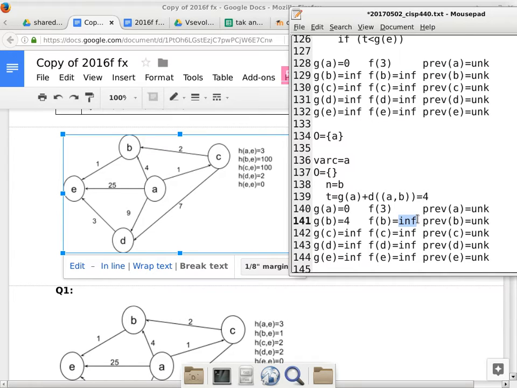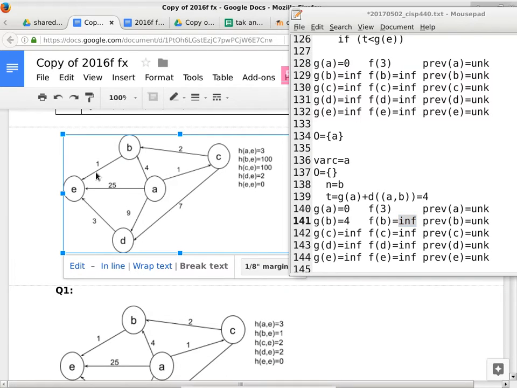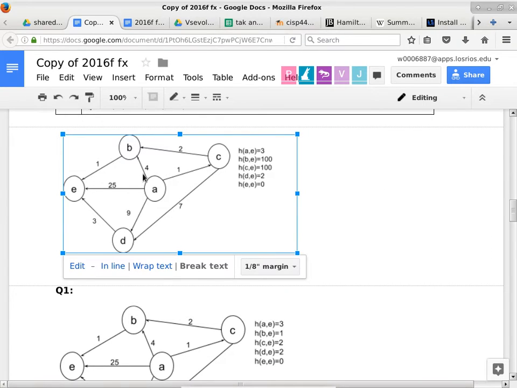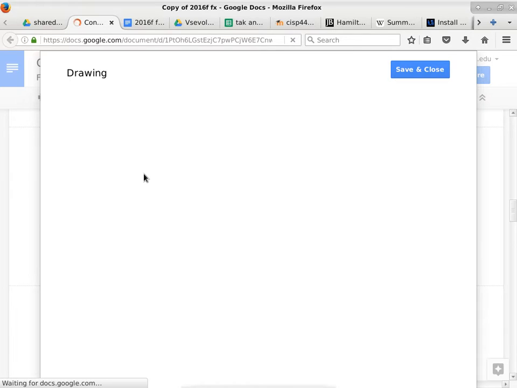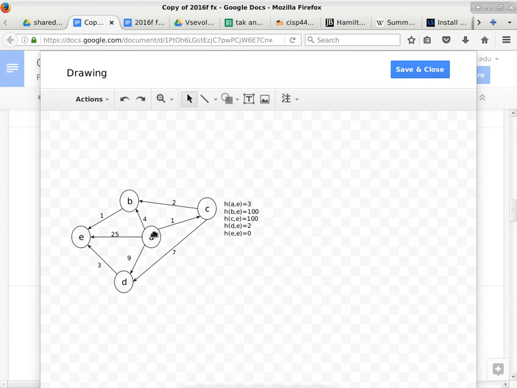Do you know what I'm talking about? So we have to do one more edit to the graph in order to illustrate this example. We have to remove that edge going from A to B because we cannot have B in big O to begin with. Is that okay?